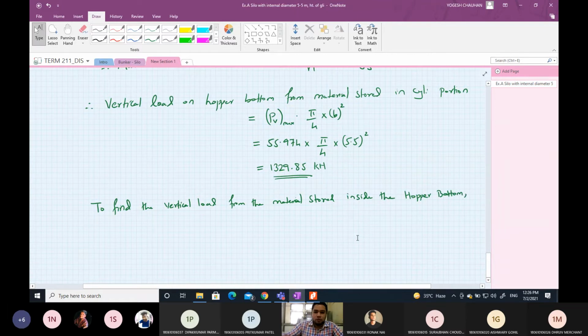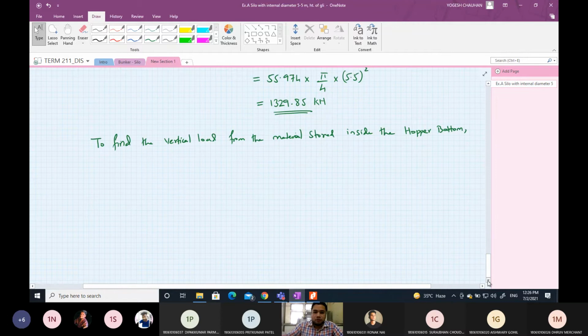Let us first find the volume occupied within the hopper bottom.